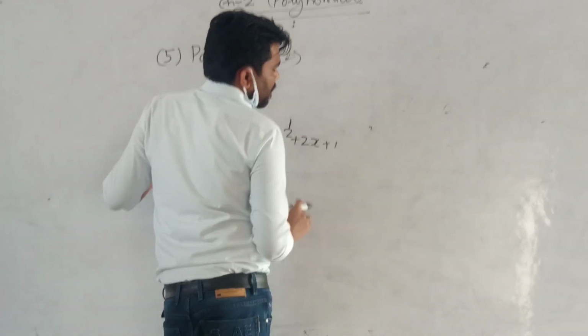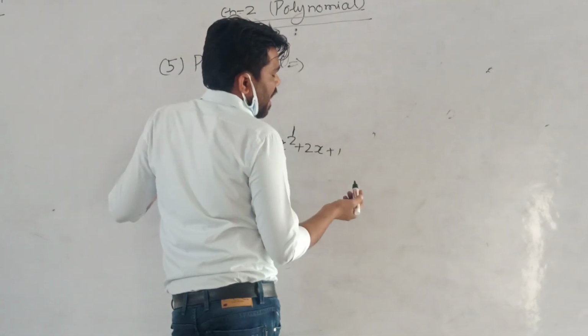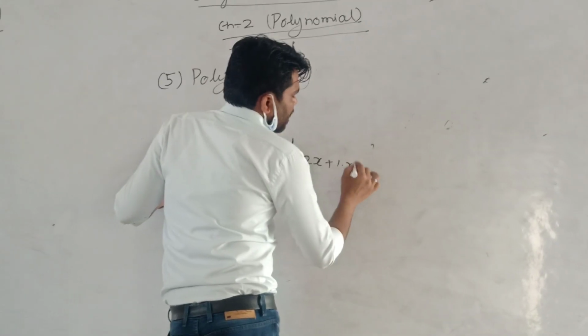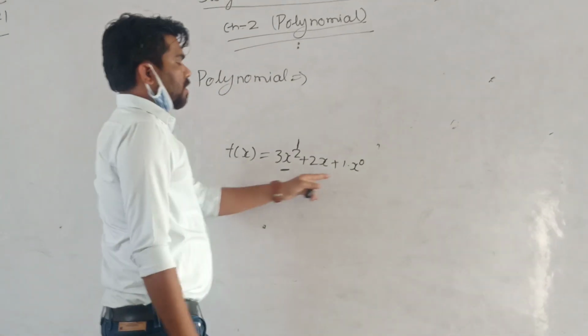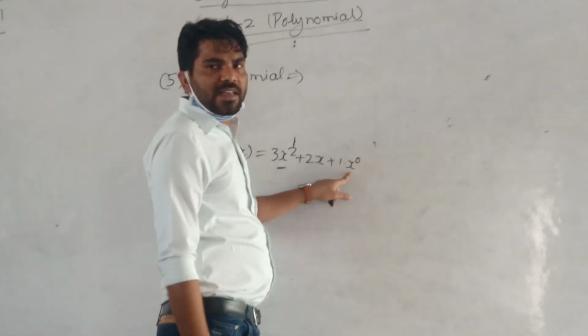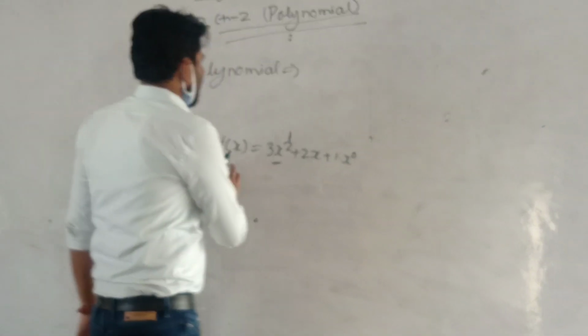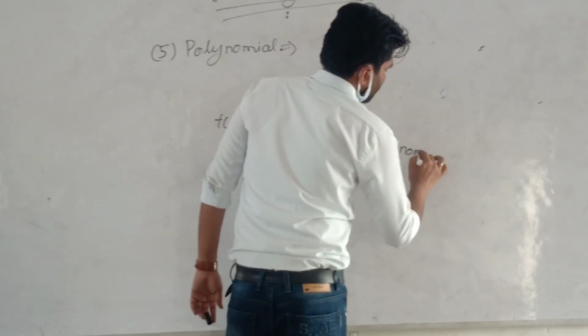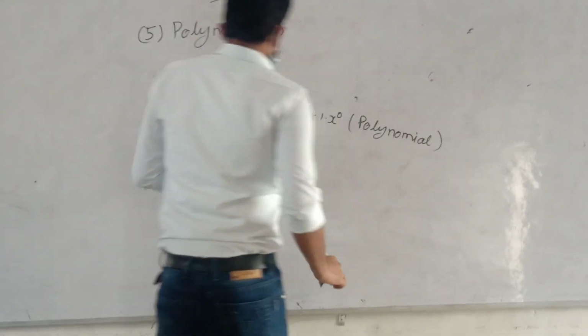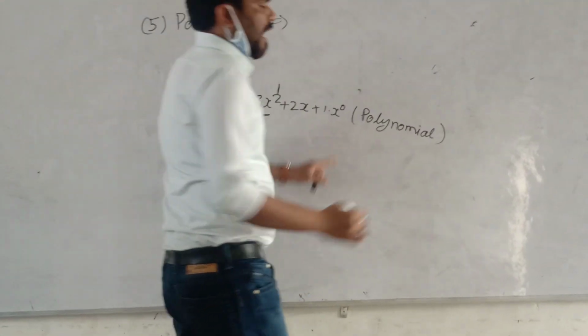In this term, the power of variable is 0. Why? Because we multiply 1 by x to the power 0. So this is a polynomial. It is a polynomial in variable x.